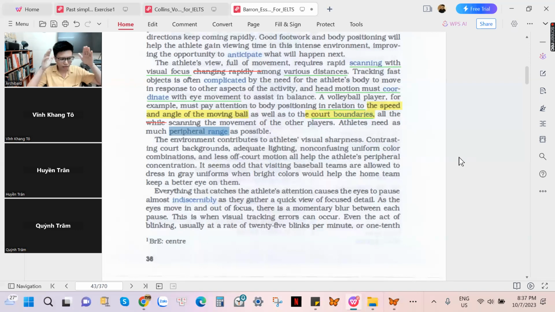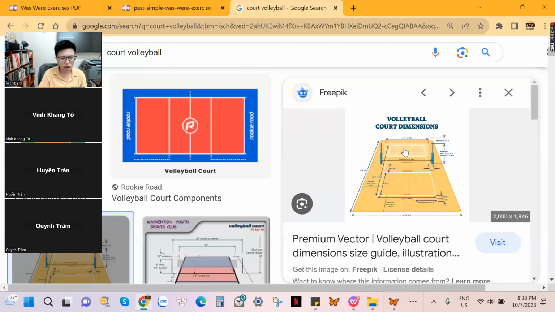When you use the word range, you think about a range from this number to that number, because we always use range when we talk about the number or amount of something, like the range of students from 18 years old to 27 years old. That is the word range, used to talk about things from what to what. That is range. Peripheral range, unimportant range. Here, they are talking about the court.